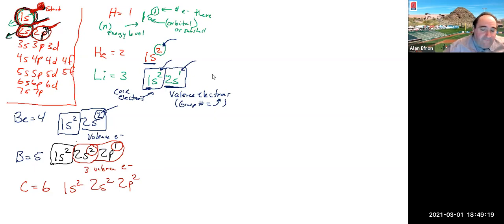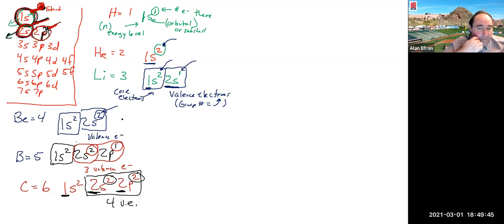When we look at valence electrons here, these over here are the highest in energy level. We know that by this number here. 2 is bigger than 1. 1 means it's on n equals 1. 2 here means it's on n equals 2 in both of those. And that's a grand total of 2 and 4 electrons. And that would be 4 valence electrons for carbon, which is group number 4 on the periodic table. Any questions on that so far?